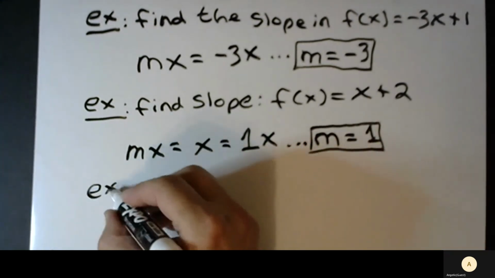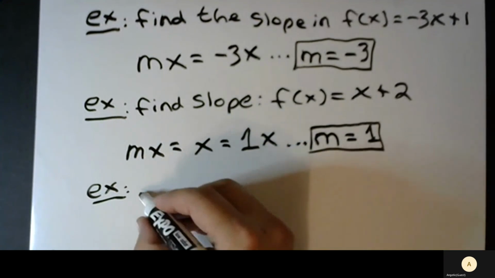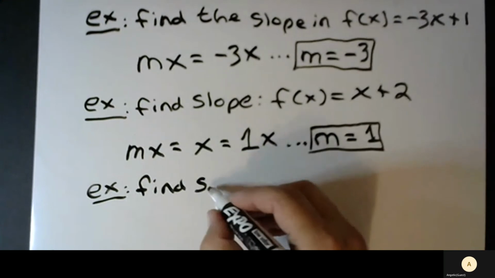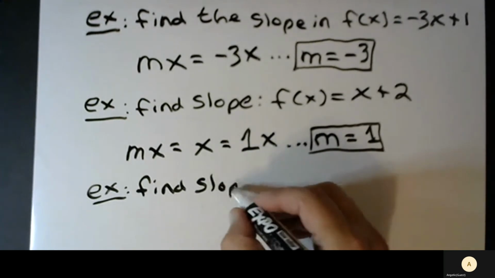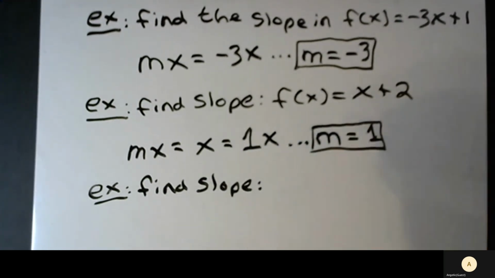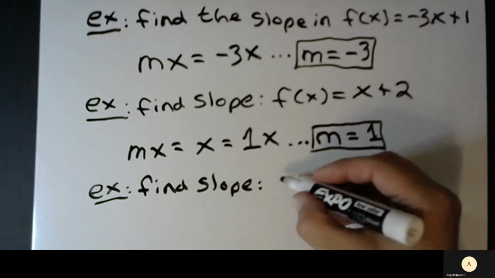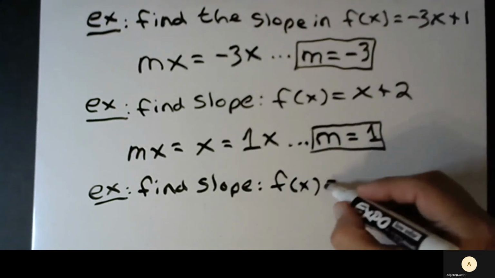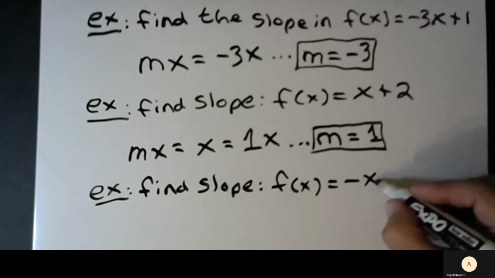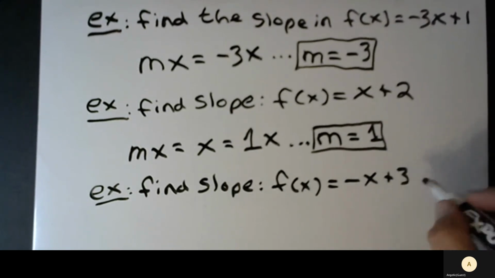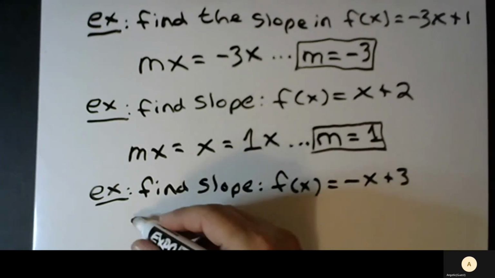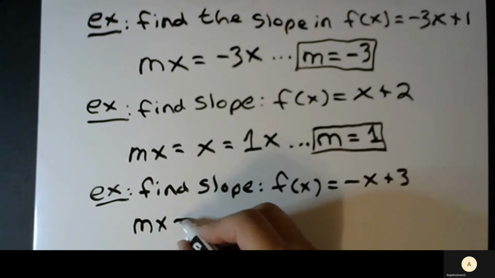So let's say we have this. Let's say our equation is y equals negative x plus 3. Well, here is the mx, and that's where we look for the slope.